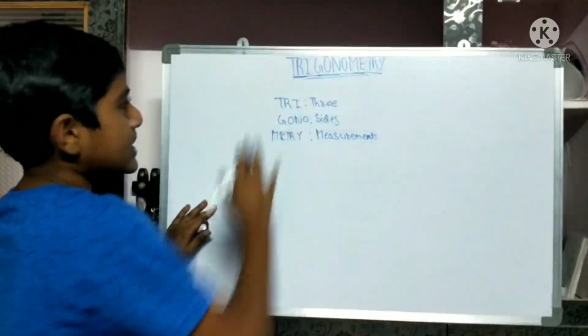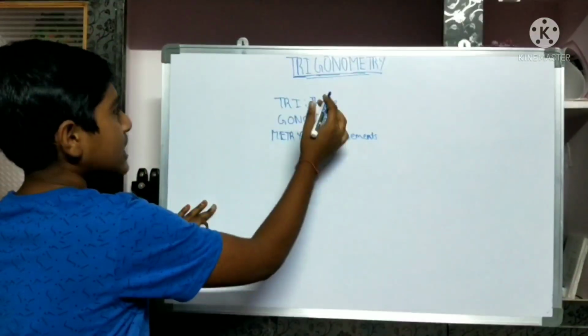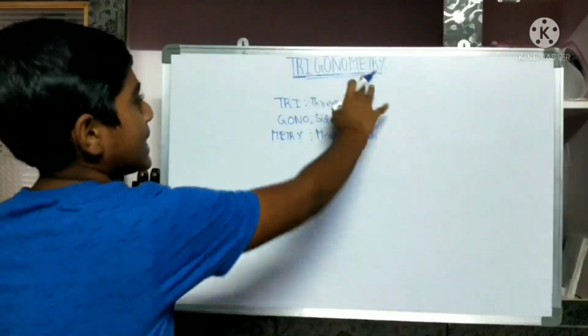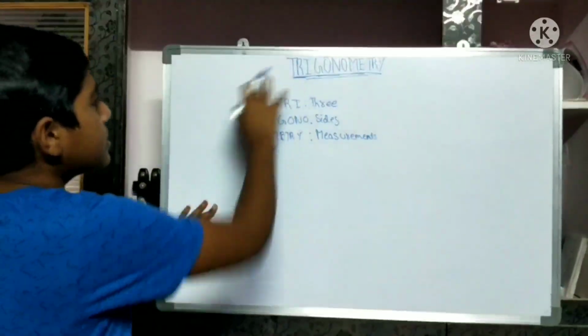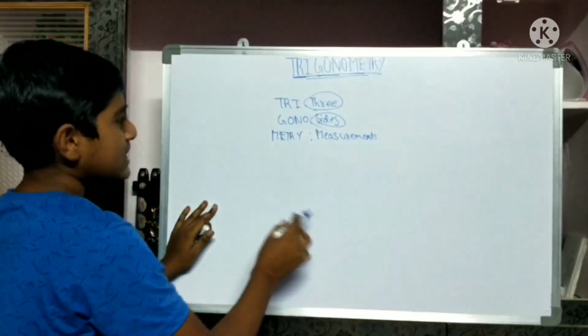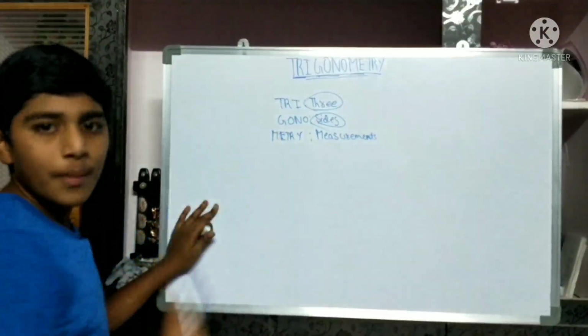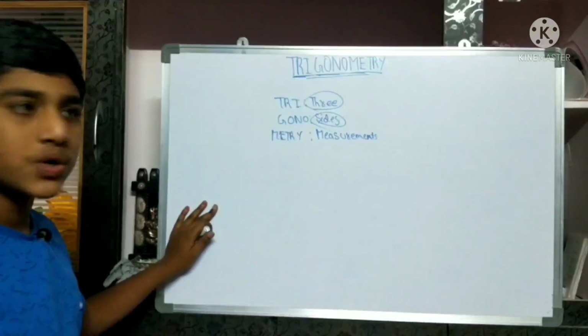Trigonometry is made up of three Greek words: tri, gono, and metry. Tri in the sense 3, gono in the sense sides, and metry in the sense measurements. So in the word trigonometry, you can understand its meaning.